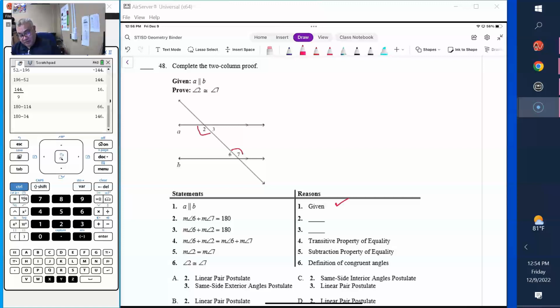Angle 6 and angle 7 are adjacent, and they form a linear pair, don't they? Angle 6 and angle 2 are same side, consecutive angles.